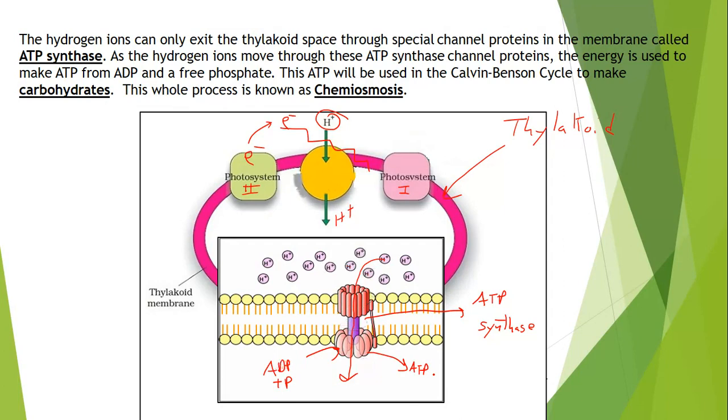All right. So what type of molecule, do you guys remember, ends in the ending ASE? An enzyme. So ATP synthase is an enzyme. The substrate is ADP plus a P. Okay, so the enzyme is ATP synthase. The substrate is ADP plus a P. What ATP synthase is doing is joining that P with the ADP to make ATP.